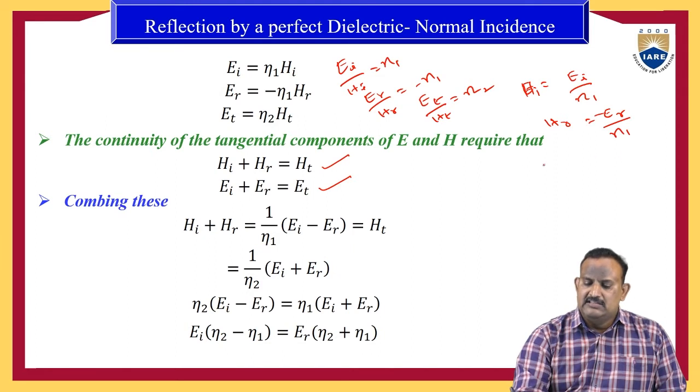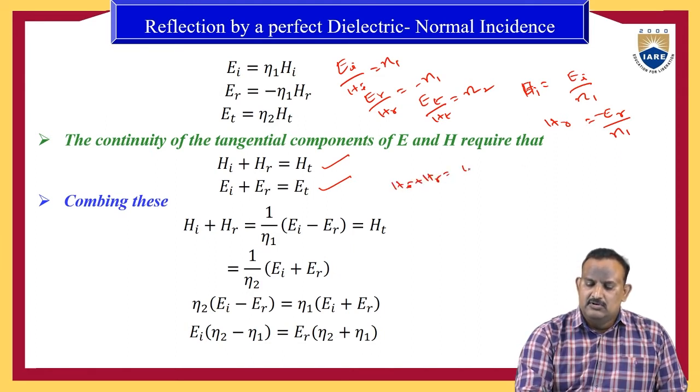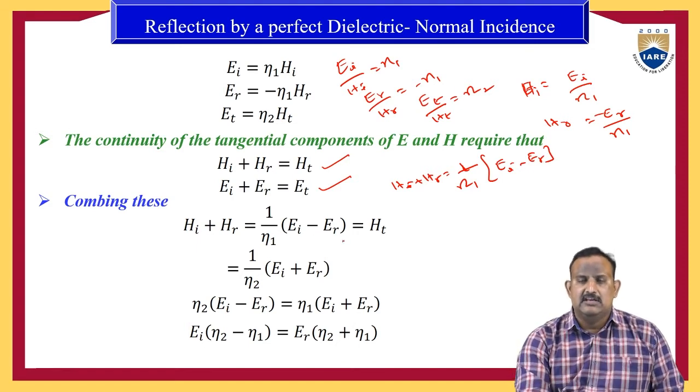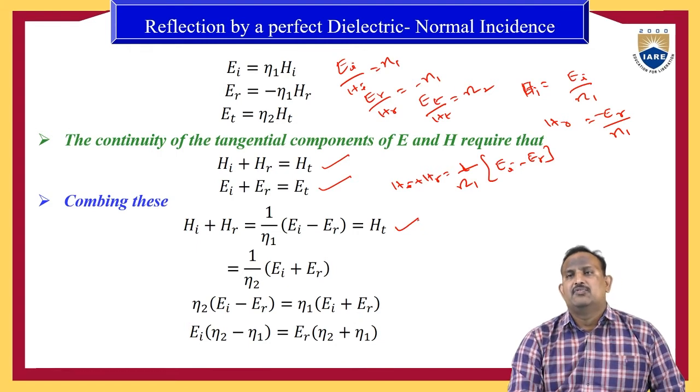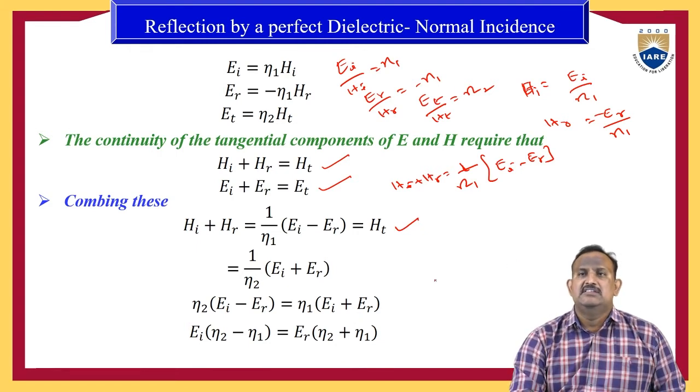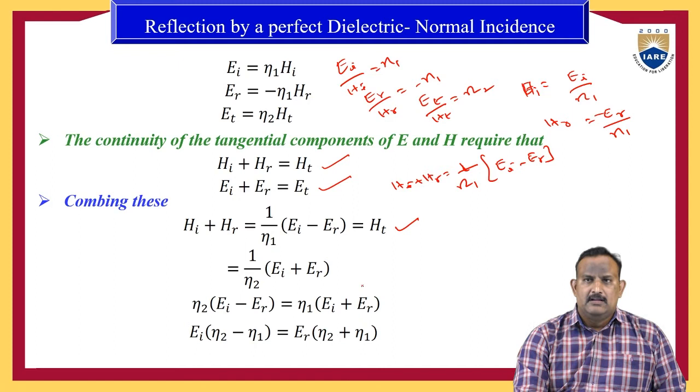Therefore, HI plus HR is equal to 1 by eta 1 into EI minus ER. But HI plus HR is equal to HT. Therefore, 1 by eta 1 into EI minus ER is equal to HT.